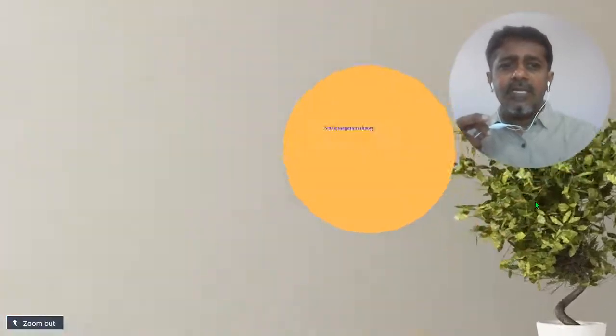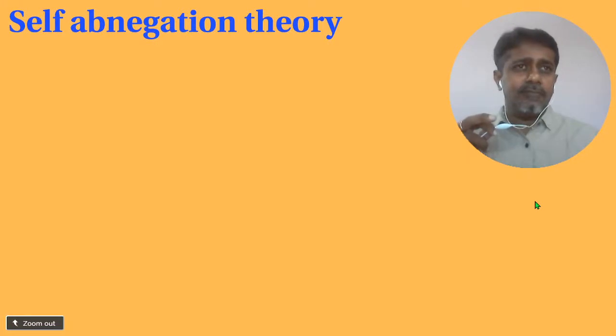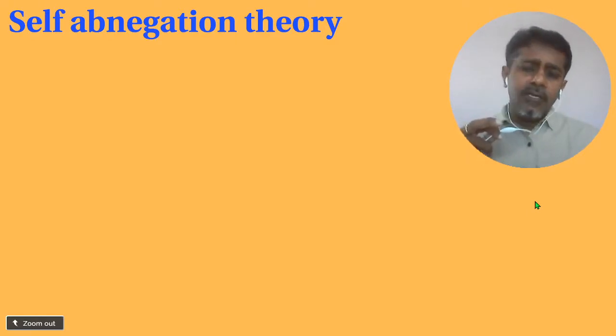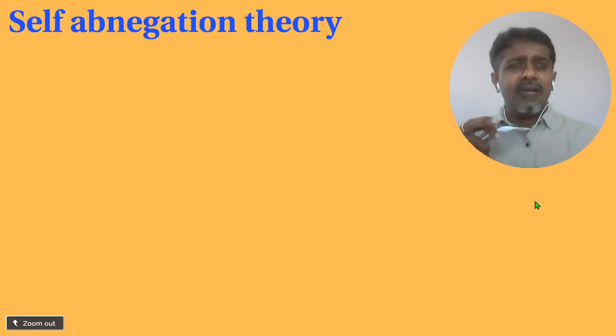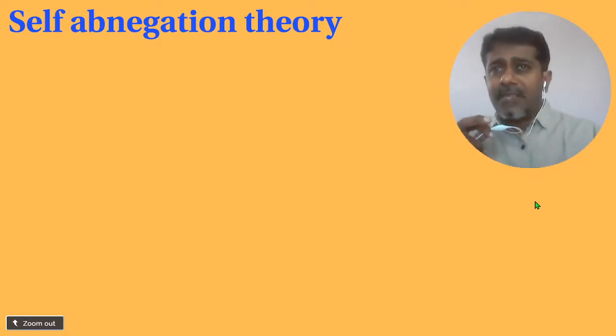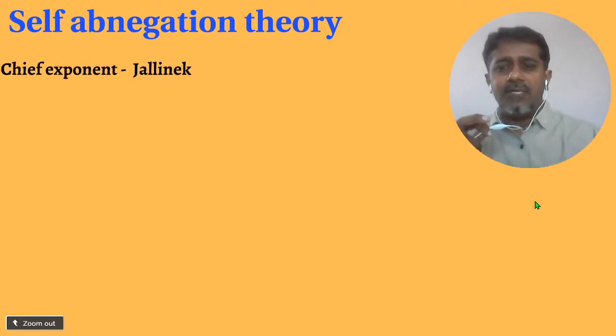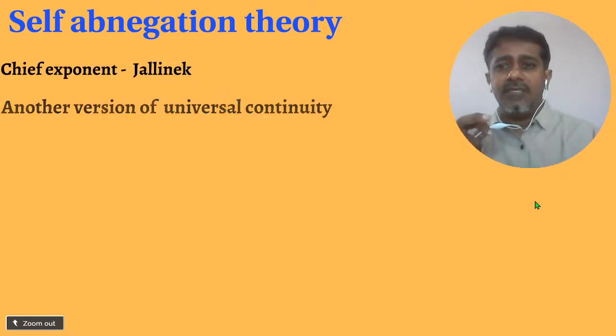Moving further is the self-abnegation theory. This is going to explain the concept of universal succession to the rights and obligations of a predecessor state by the successor state, based on a concept of moral duty. What is that? We will try to understand. The chief exponent is Jellinek, and again, it is another version of universal continuity.